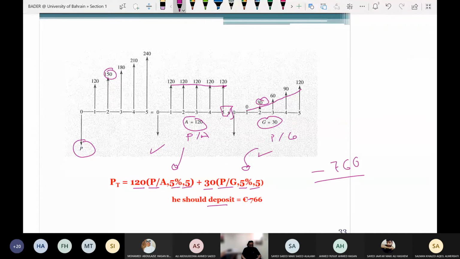If you give me this one and you say P total equals, I understand. If you say to me the total present worth he should deposit, the word deposit, what does it do? It reflects the minus. Now guys, 766, I always said one thing. Numbers, you're going to get that. What's important to me?